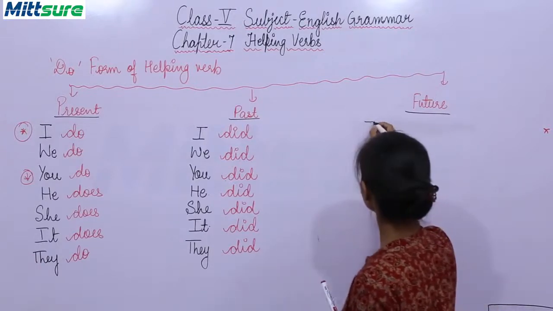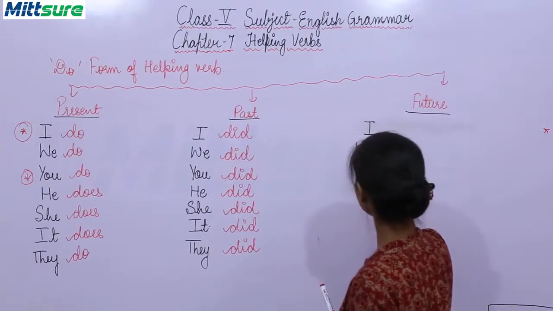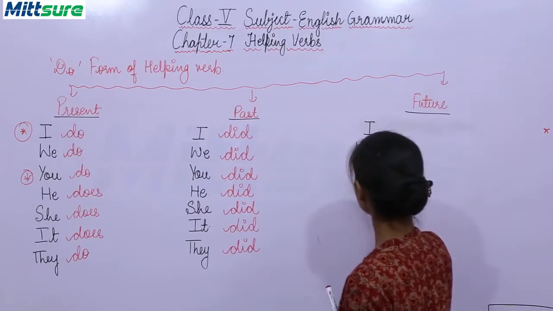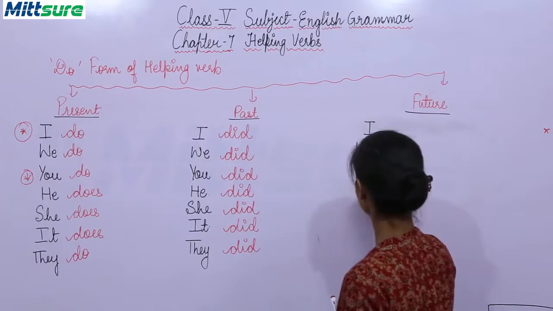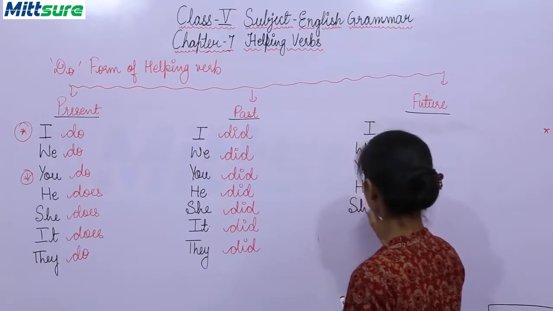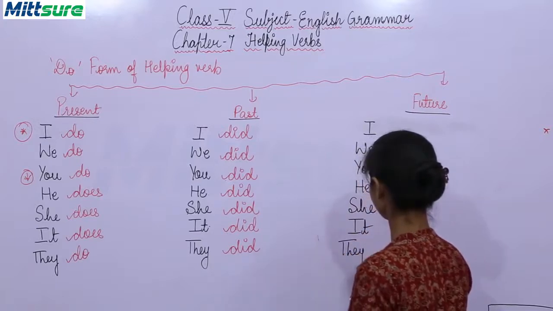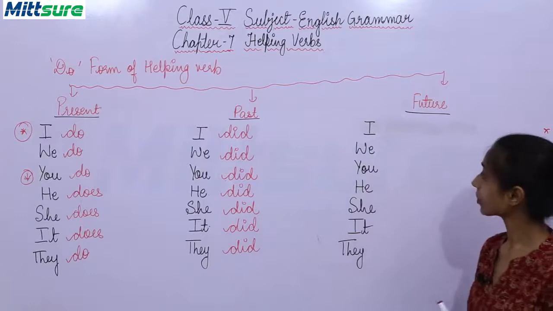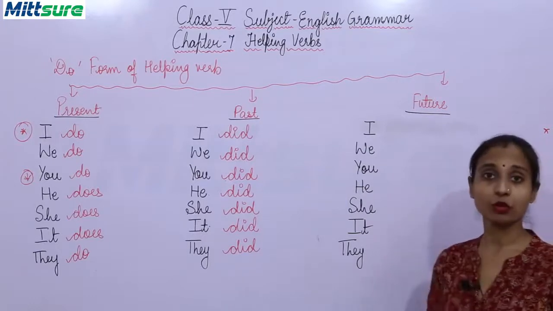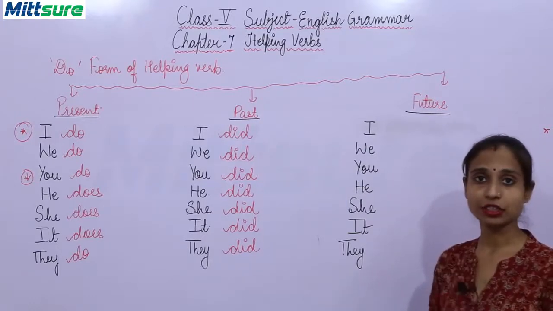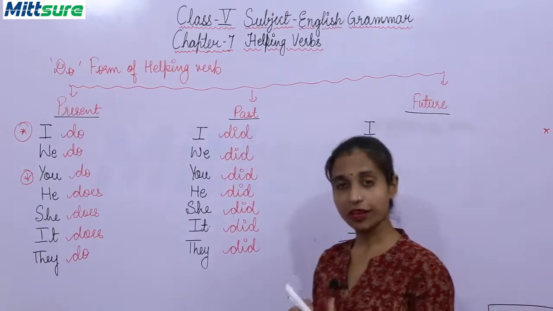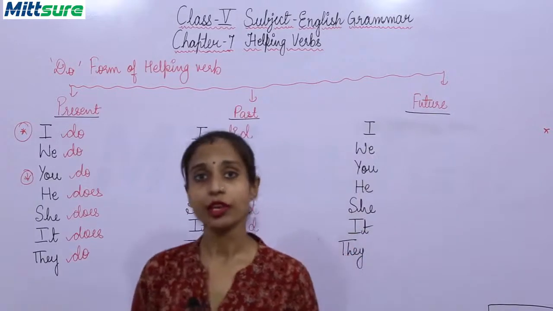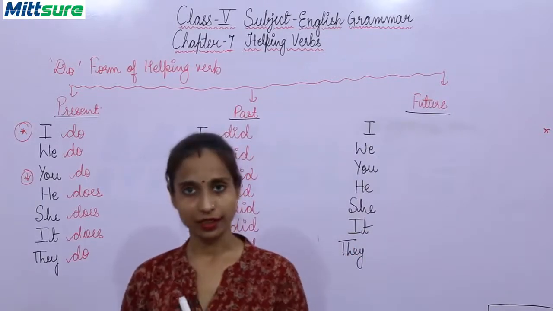First, I, we, you, he, she, it, they. As I told you previously in the last session, with I and we, the first person pronouns, we always use shall.